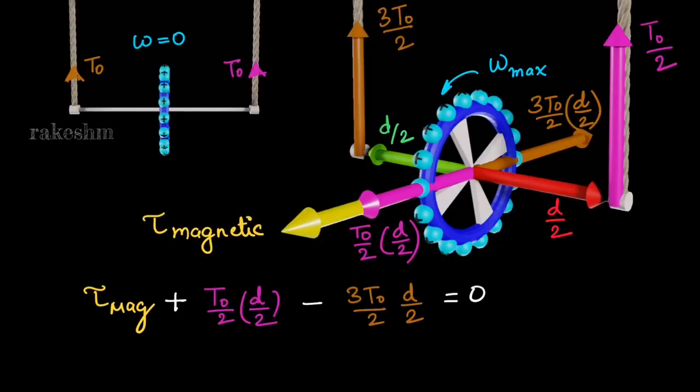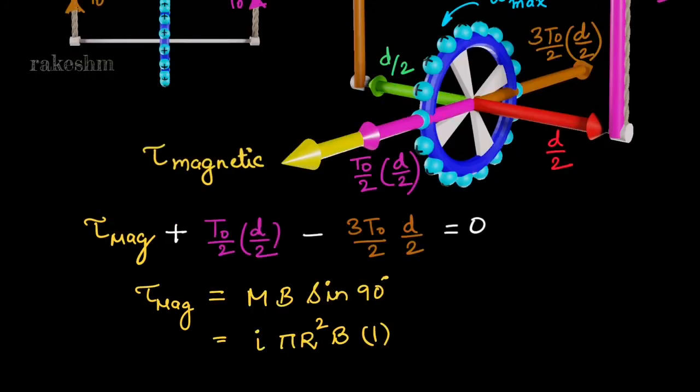So the net torque is 0: torque due to magnetic field plus torque due to the tension in one string plus torque due to the tension in the other string must be equal to 0. The torque due to the magnetic field is mB sine theta, which is m into B into sine 90, as the angle between m bar and B bar is 90 degrees.